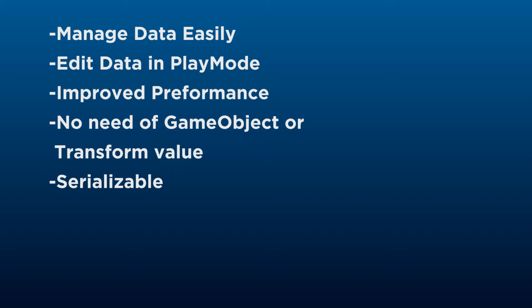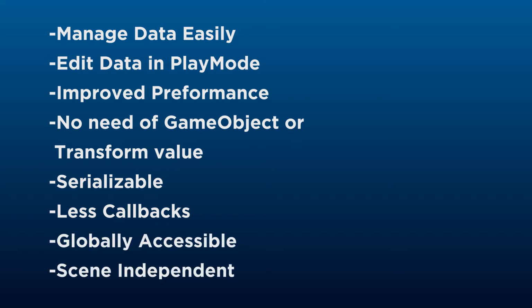Another great advantage is that they won't reset after we edit values in play mode, which means we can tweak and test every value we've written in scriptable objects in play mode and it will be saved after you exit the play mode. And also there are fewer callbacks in scriptable objects compared to scripts derived from MonoBehaviour. So no callback chaos. It's also globally accessible and scene independent.